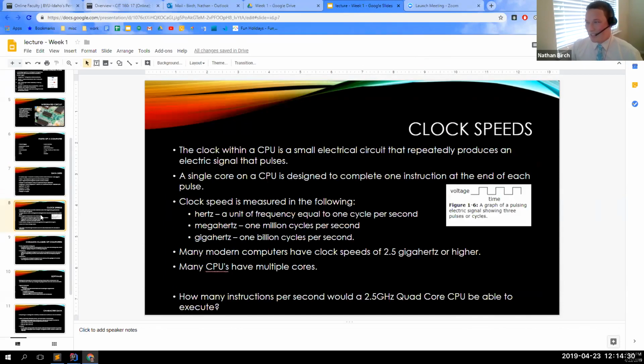So thinking back to the CPU, I mentioned that the CPU is the central processing unit, and it's where our computer actually executes tasks. There are lots of different types of CPUs.